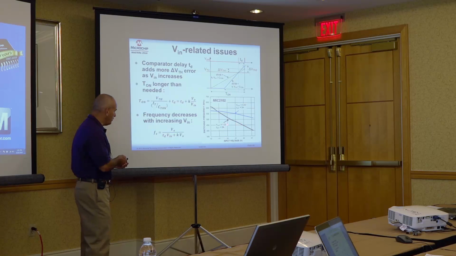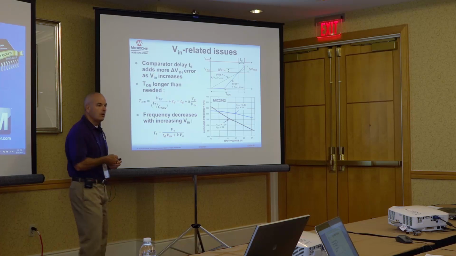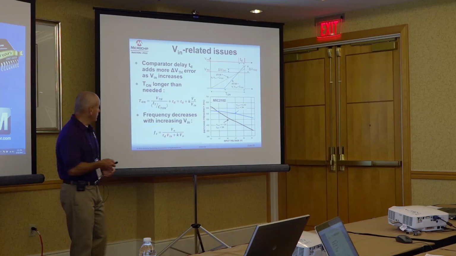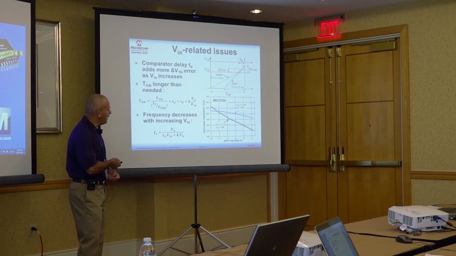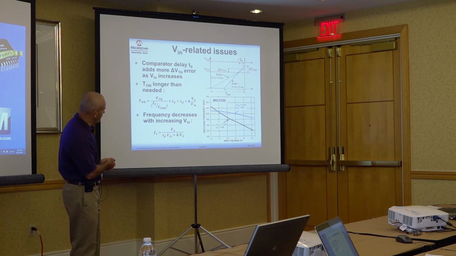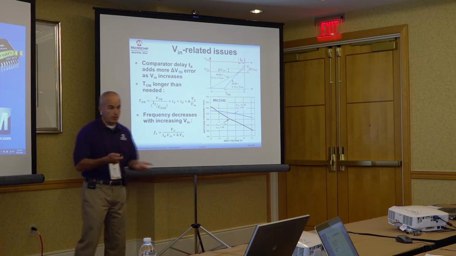But if we are trying to set the output voltage to a very low value and the on-time is already very short, then this effect can become much more pronounced. So we have a deviation of the frequency of roughly 200 kilohertz over a nominal value of 600, so 30%.